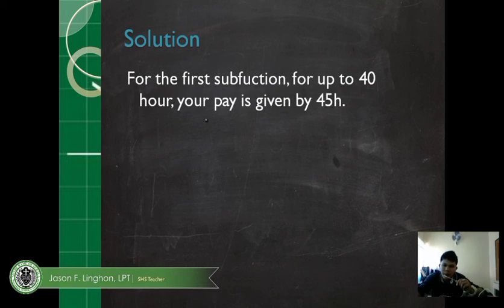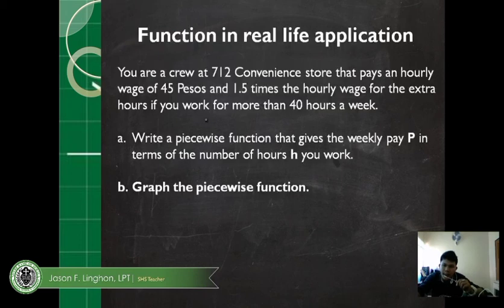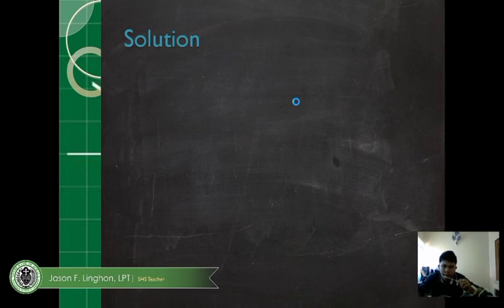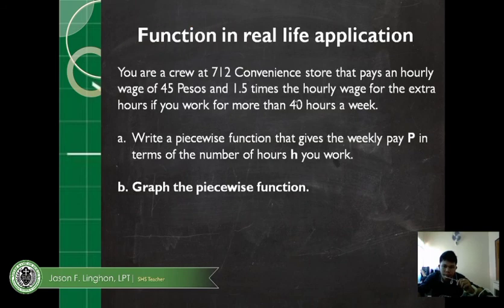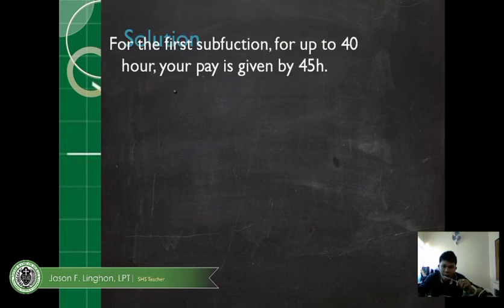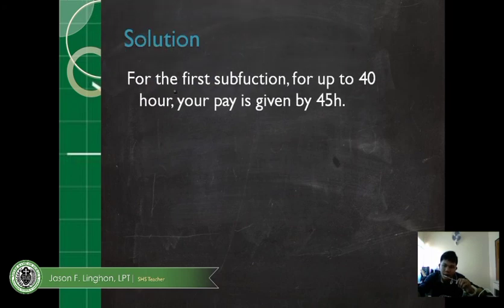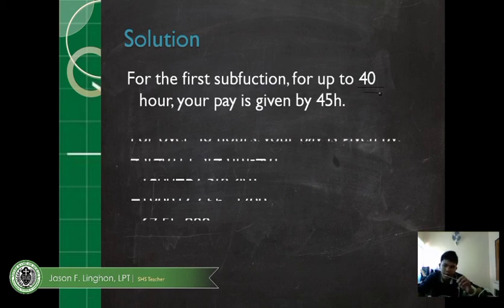Kasi nga, 45 pesos yung binibigay sa iyo sa kada hourly wage mo. So that is 45H. Okay? Up to 40 hours lang siya. Kasi nga, after ng 40 hours, meron ka ng dagdag na 1.5.